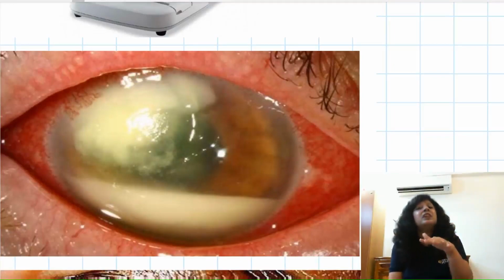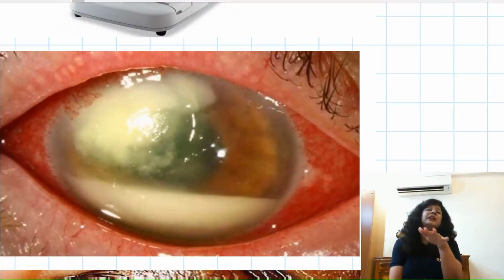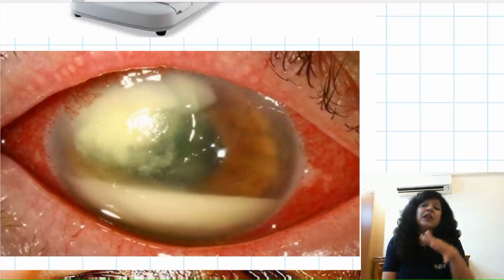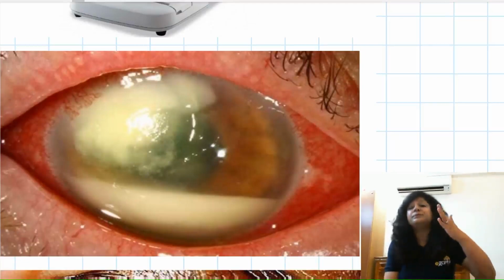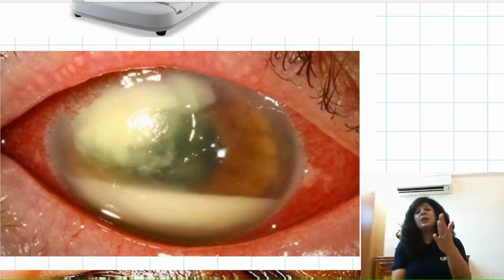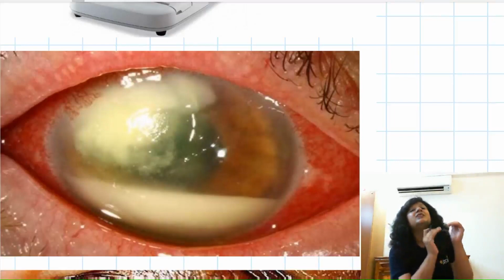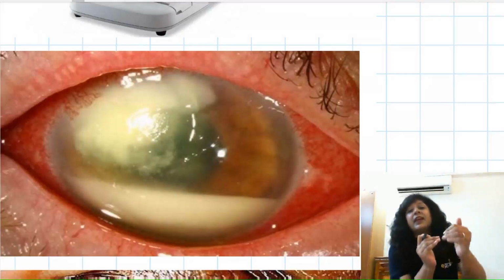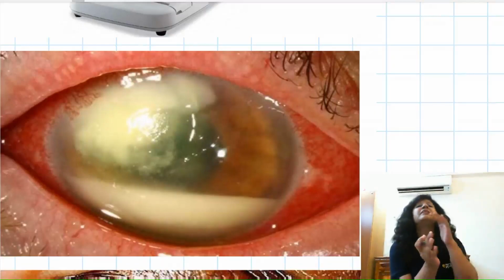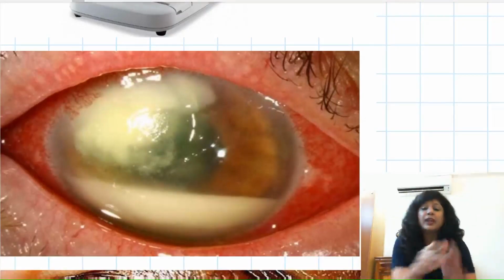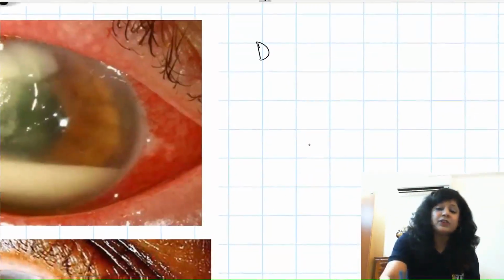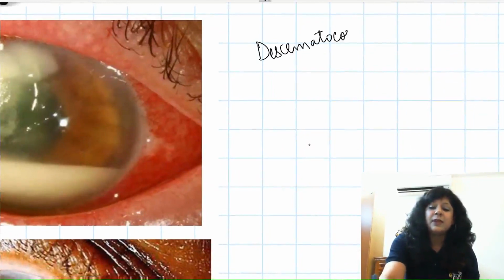Now, once it has reached the stroma, which is more than 90% of the thickness, about 3/4 of the cornea, then comes the predescemetic layer. The only thing that can stop it from going inside and causing frank perforation is the Descemet's membrane. So here comes the word descemetocele.